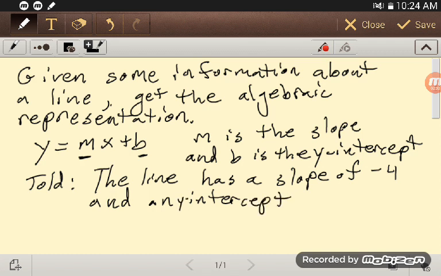Now really we should say y-intercept, because you could talk about an x-intercept where it crosses the x-axis, and a y-intercept of 6. Well, in that case, since m is the slope and b is the y-intercept, I know the equation for this line, or the algebraic representation of this line, is simply -4x plus 6. So, I wish things were always that easy. They're not necessarily always that easy.